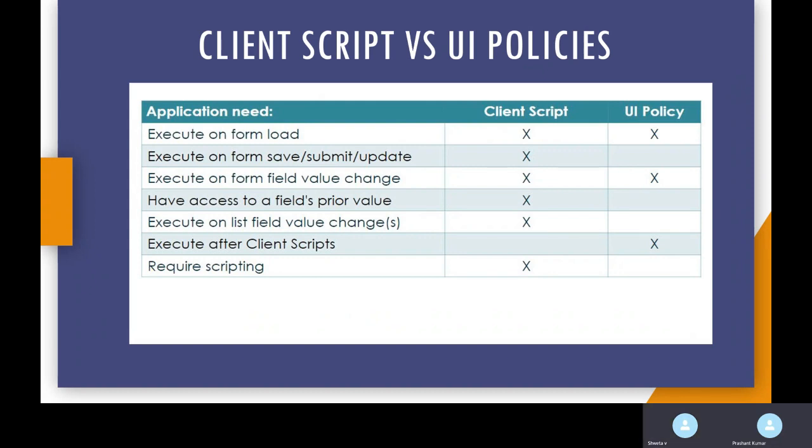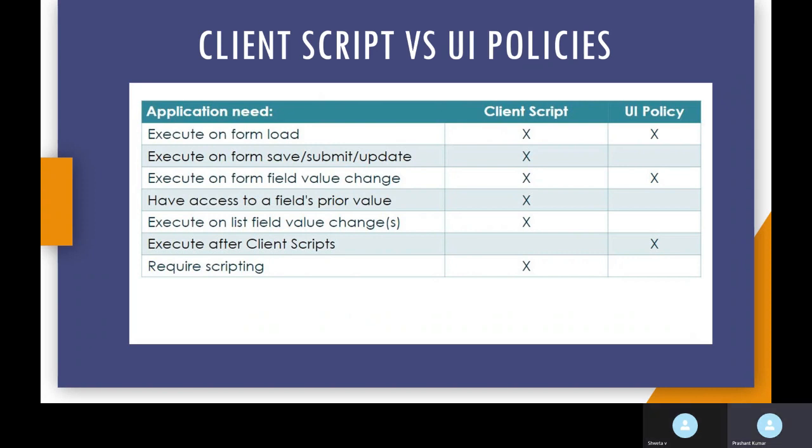If in the same case there is both a client script and a UI policy, and both have some script to be executed, then our UI policy will get executed after the client script.